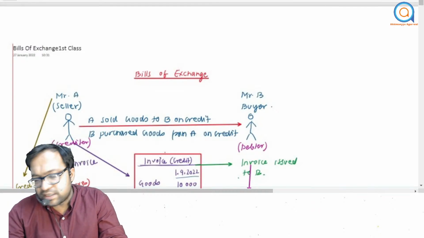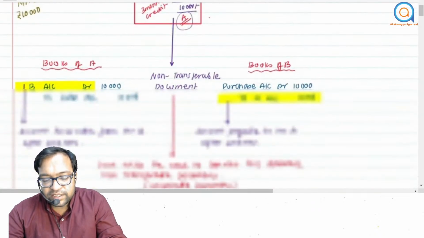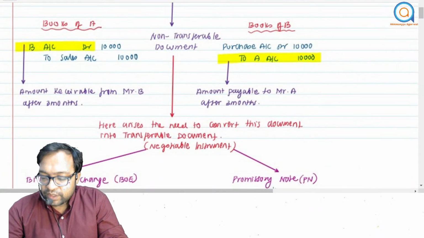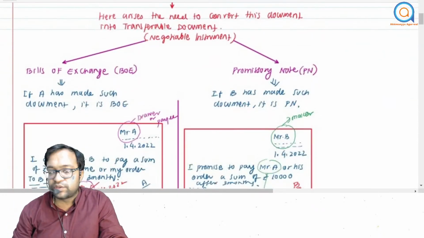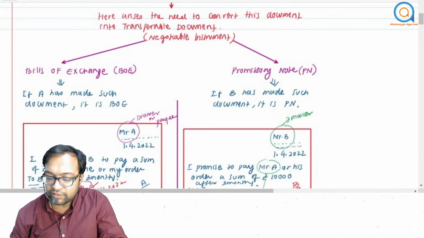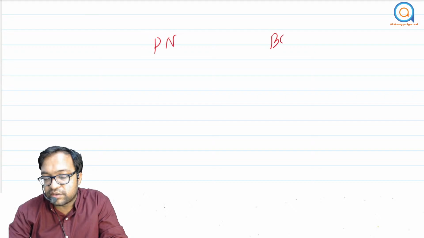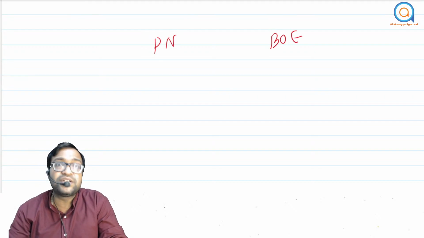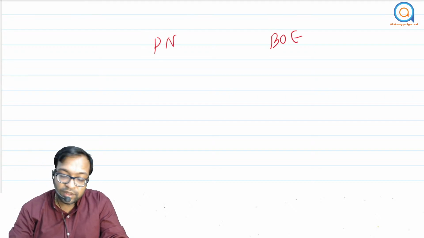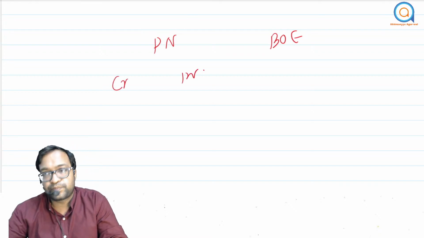There is a chapter called bills of exchange, a very small chapter. What is bills of exchange? This is a negotiable instrument. Basically there are two things: one is called promissory note and one is bills of exchange. What is the major difference? There are two parties, one is creditor and one is debtor.